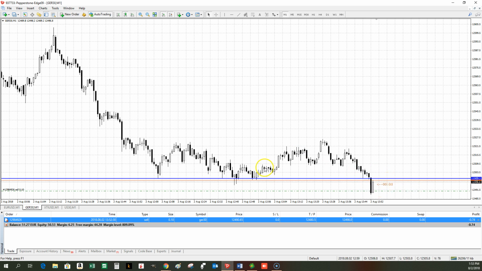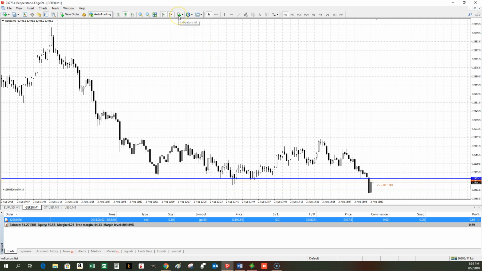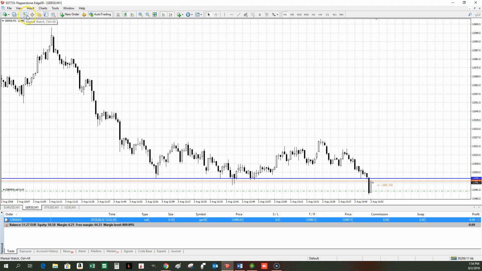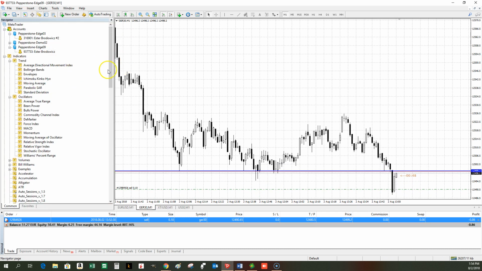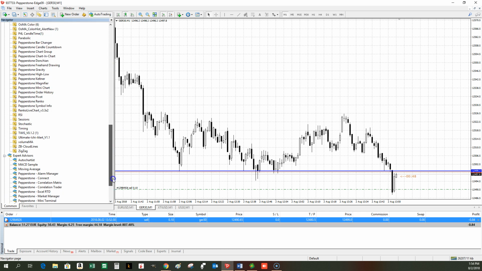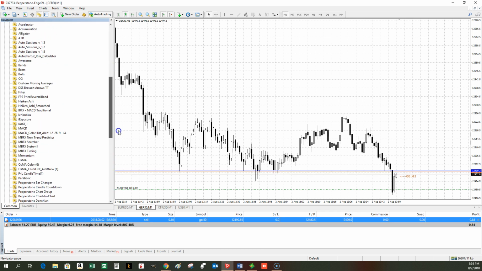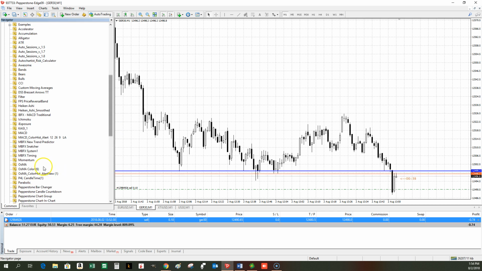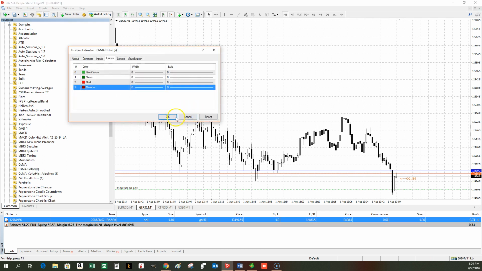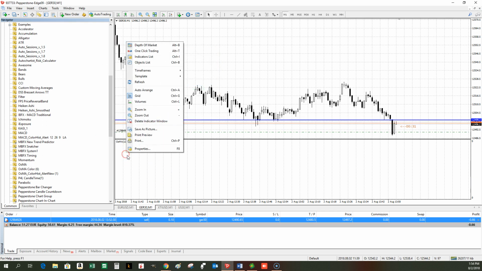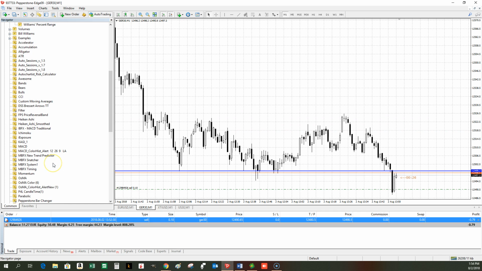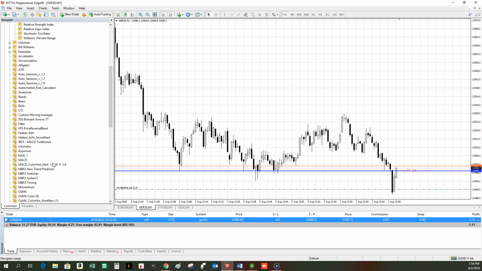Okay, let's say that we want to add, actually I'm going to show you the OSMA color. No, not this one. Okay, delete indicator. The moving average of oscillator. Let's see. It's going up.